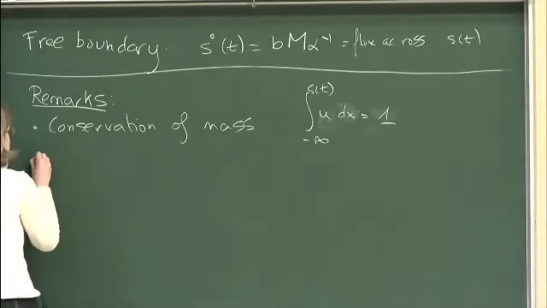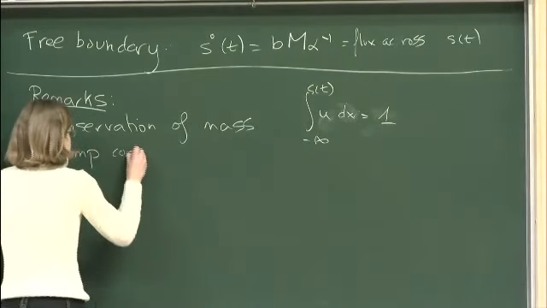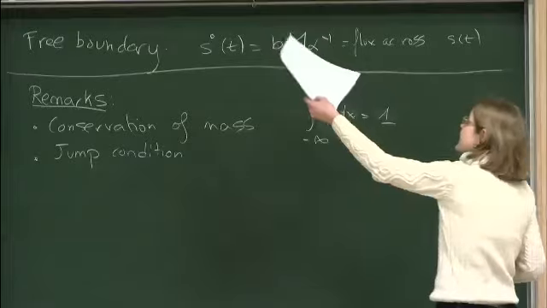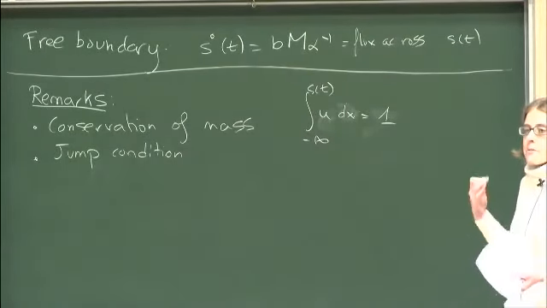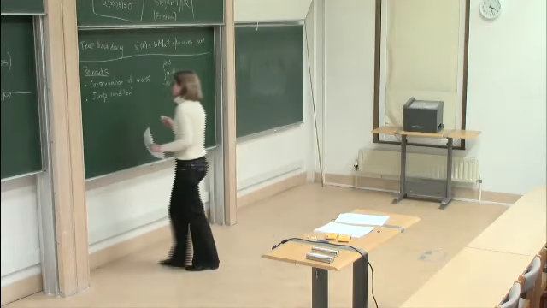Then we also have a jump condition, because we have the delta in that equation. So the function u is going to be continuous, but the derivative is going to have a jump at the point s1.